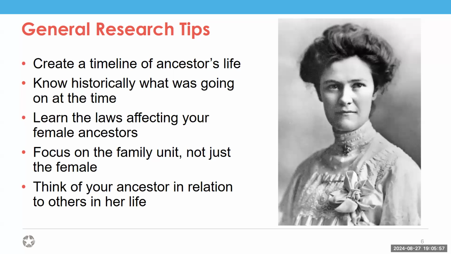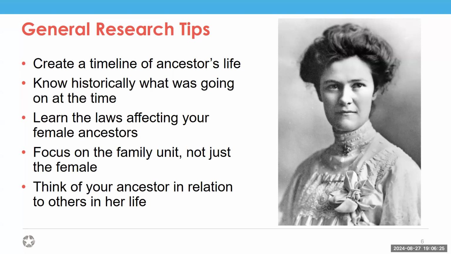For example, if your ancestor was alive during the War of 1812 and was an able-bodied man at the time for the war purposes, then you might know you could probably find a female ancestor on the pension records. So think about those sorts of things.